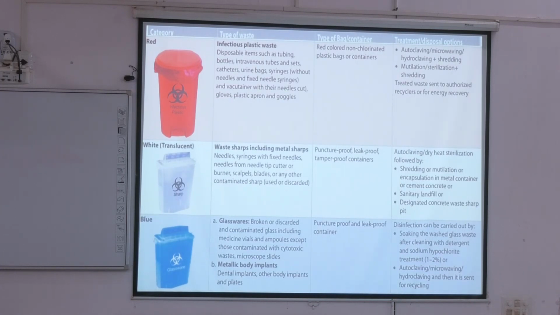The final treatment is autoclaving, and if required, the treatment facility can use this kind of waste for other purposes, or you can generate energy from it.